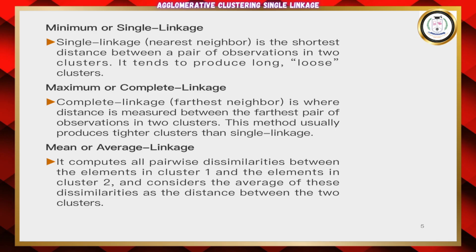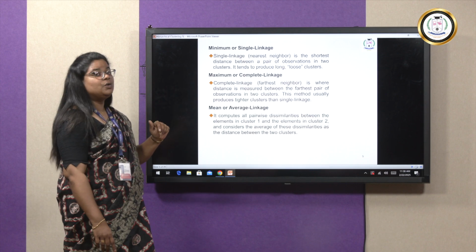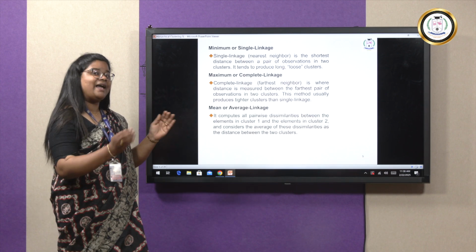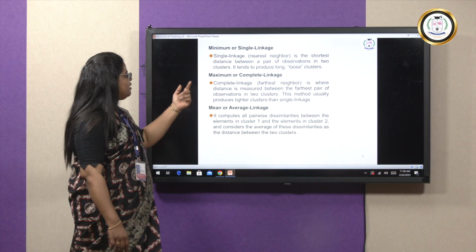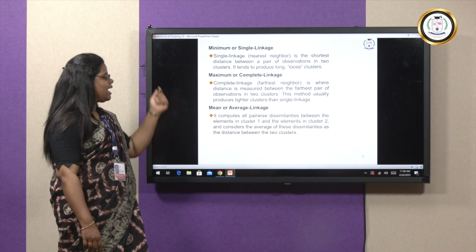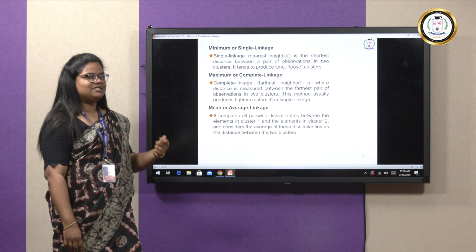Single linkage we can call nearest neighbor. It takes the minimum distance, or we can call them loose clusters. So minimum distance is considered when we pair the data items, in complete linkage we use the maximum value, and in average linkage we use the mean value. I will explain all these concepts when we solve the problem.